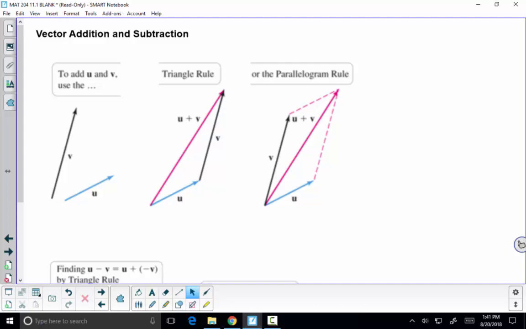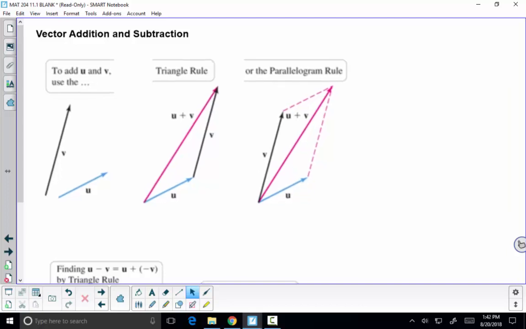Here you use the triangle rule, and you get the resultant vector. They'll use the word resultant when they just mean u plus v. It's just the sum of the two. So either way, if you're starting with u and v, you can put them with the same initial point. You can imagine flying that way and the wind is blowing that way and you end up going in that direction. Same idea here. You can move this vector v wherever you need it to be.